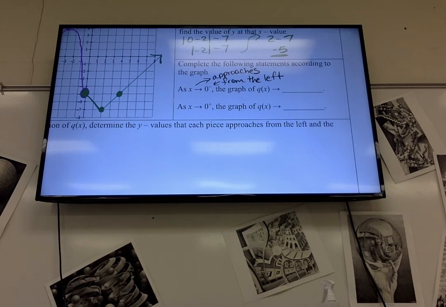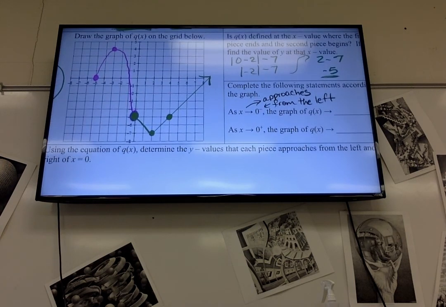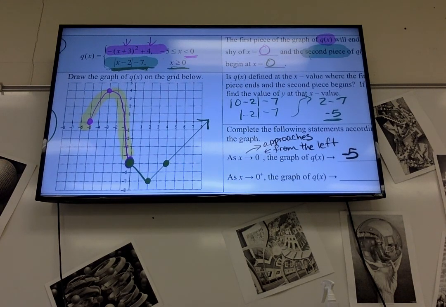So as I trace this line on the left side of 0, as I get closer and closer to 0, what is my y getting closer and closer to? -5. Does it actually equal -5 on the pink equation? No. There was an open circle there.